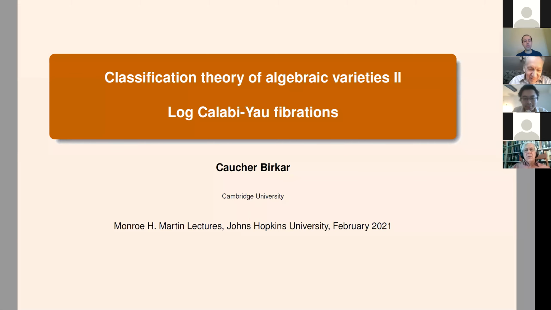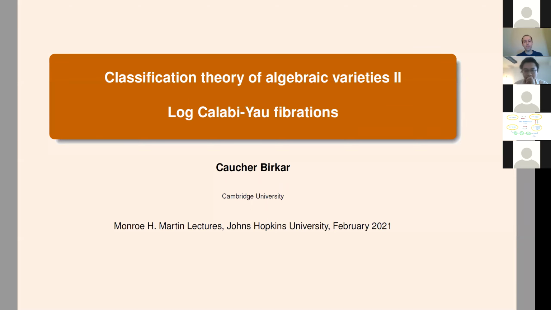So this is the second lecture in the series about classification theory of algebraic varieties. Last time I just gave you a very general framework of the classification theory. I did not go into much detail, but in this lecture I will go a bit more into the mathematical details, focusing on part of this theory.